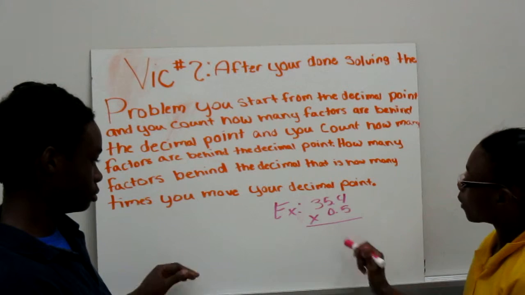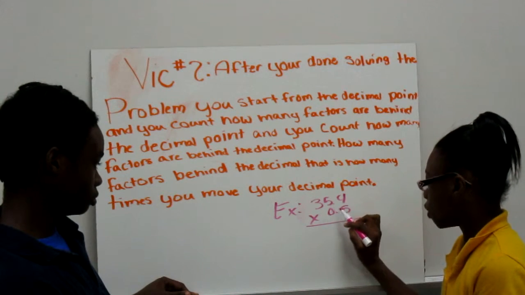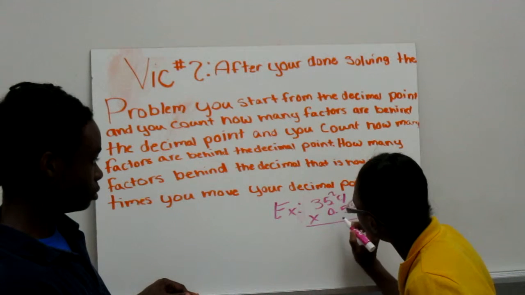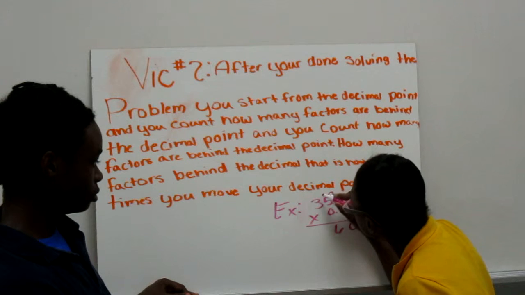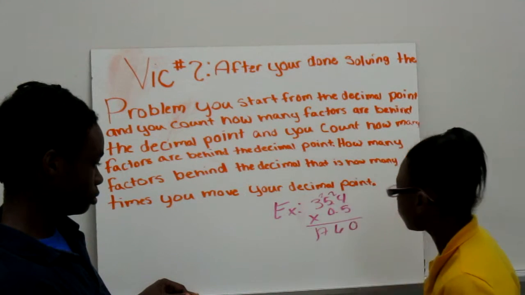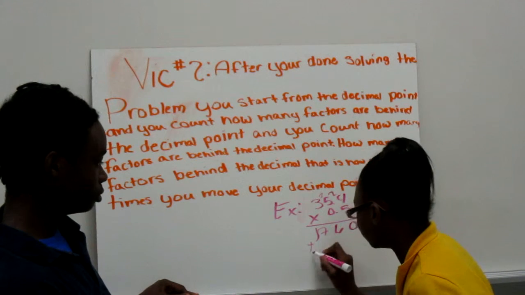So my example right here is saying I got 35.4 times 0.5. So I'm going to solve this. So that's my final answer. No, it ain't. Sorry, that's not my final answer.